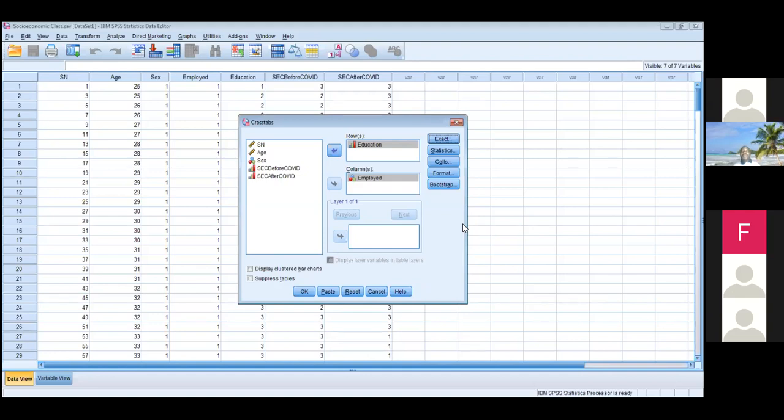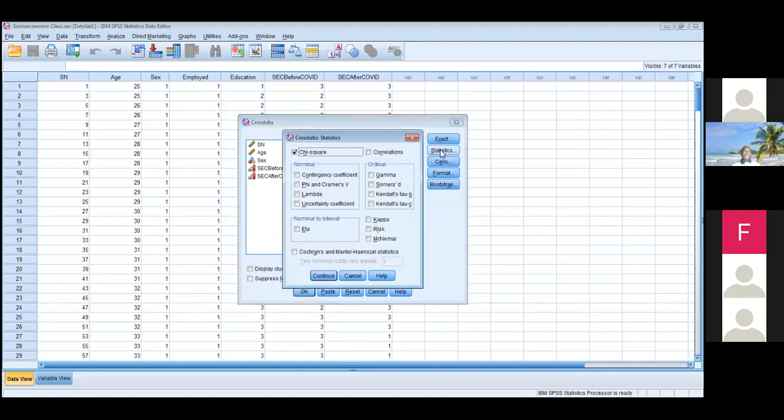Once you click chi-square, it will give you the likelihood ratio chi-square, and it gives you chi-square for trend. Just click on the chi-square. If you put percentages, the same thing applies, the same way you did the other one.